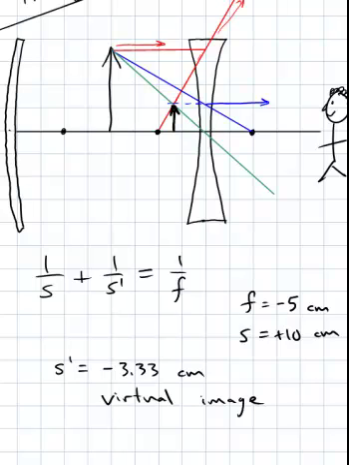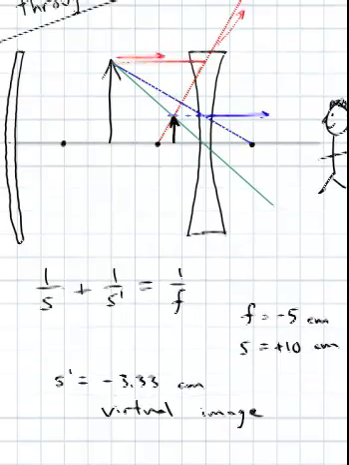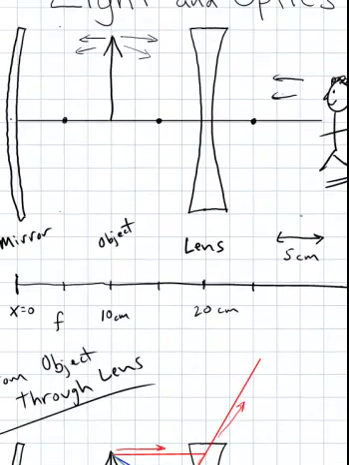So let's see where we ended up here. This is my scale here. I guess I should tell you what my scale is. Did I indicate it up above? Oh, yeah. My scale here, 2 lines make 5 centimeters. And so I've put in here the focal length of the mirror, and the location of the object, and the location of the lens, and actually the focal lengths of the lens are also marked here.